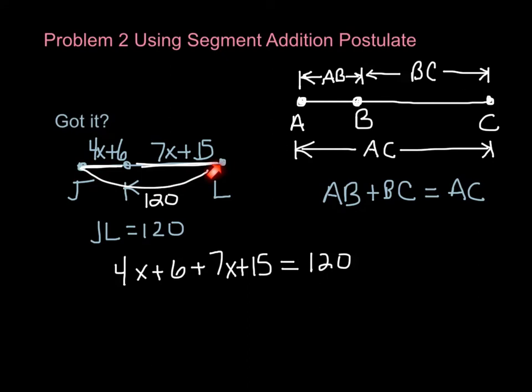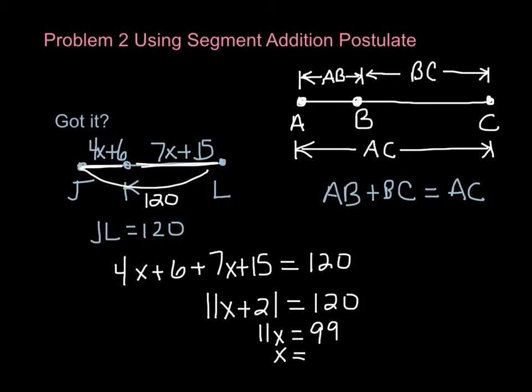You solve the equation, simplify like terms, and you are going to get 11x plus 21 equals 120. Subtract 21 on both sides. 11x equals 99. Divide by 11. The value of x is 9. But we don't want the value of x. We want to actually find the lengths of JK and KL.